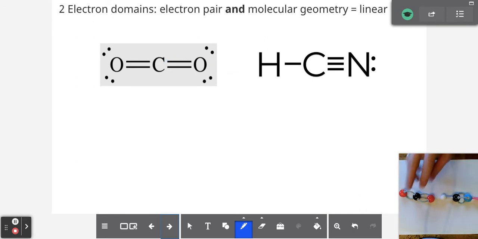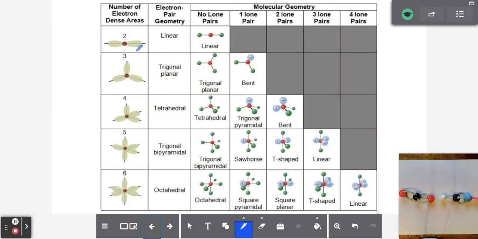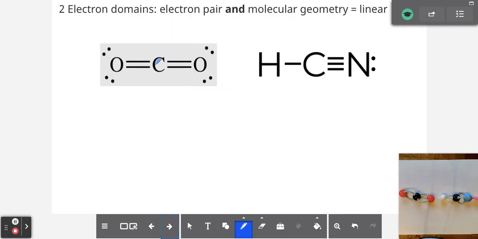Both of these have the same geometry in every way. Around the carbon in the CO2, it has an electron pair geometry and a molecular geometry that are known as linear. And you can say the same thing about the carbon in the HCN. The way that we look at that is you go to that central atom and you see that there are 2 electron domains, one here for the carbon dioxide.